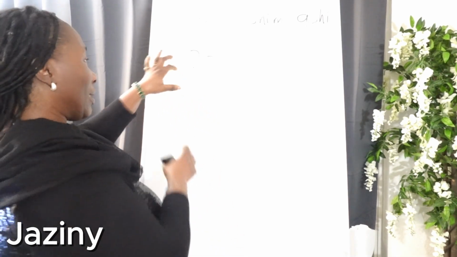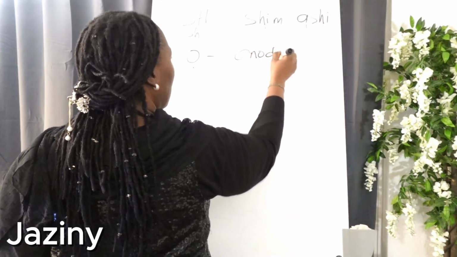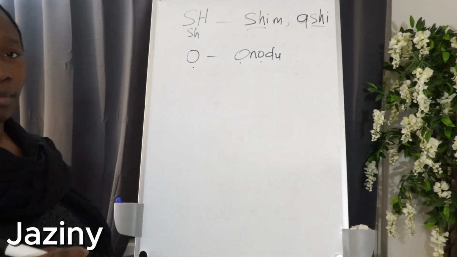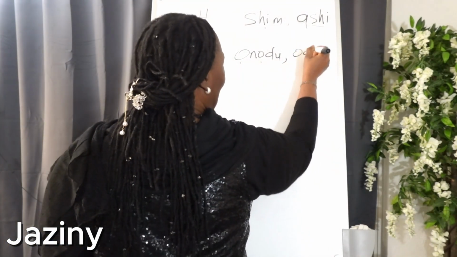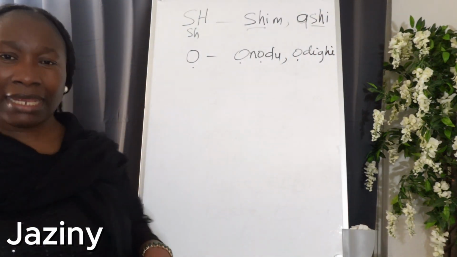In that case, this ọ stands as a pronoun replacing Chinedu, but it also means that you will know the context or the person I'm talking about. You will understand the scenario to know who I am referring to as ọ. But I'm going to use them in a word. Ọdọ, meaning position. Ọdịghị, meaning there is none.